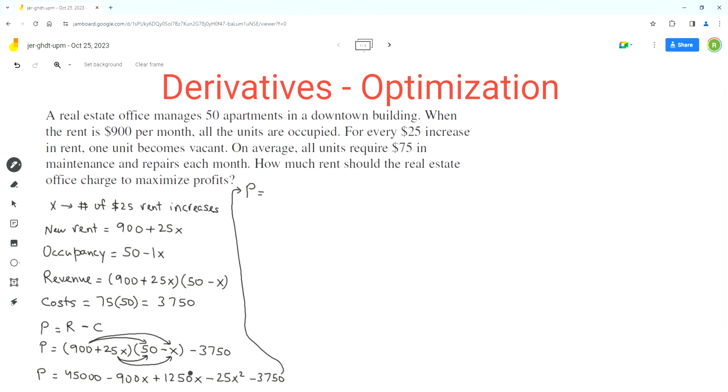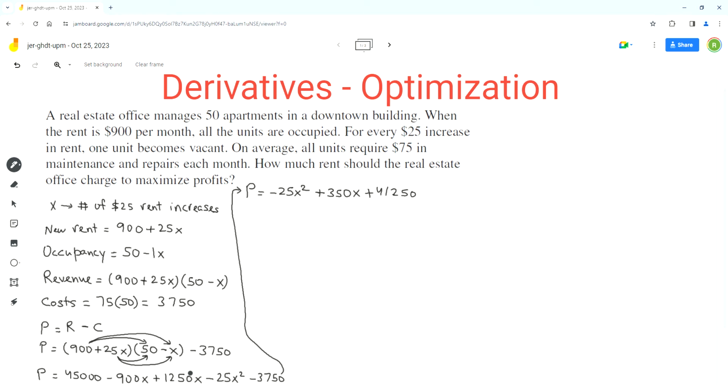So we get P equals, so we can start with the x squared term, so negative 25x squared, and now we can combine the x terms, so negative 900 plus 1250 is equal to positive 350x, and then we have to do 45,000 minus 3,750, which is equal to positive 41,250. So this is the profit function.